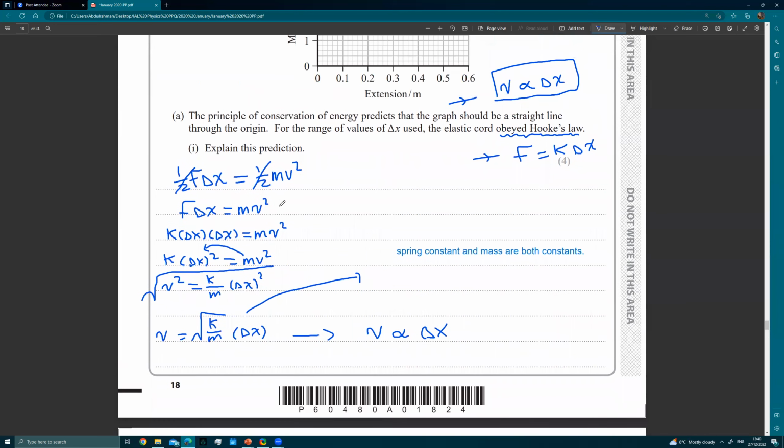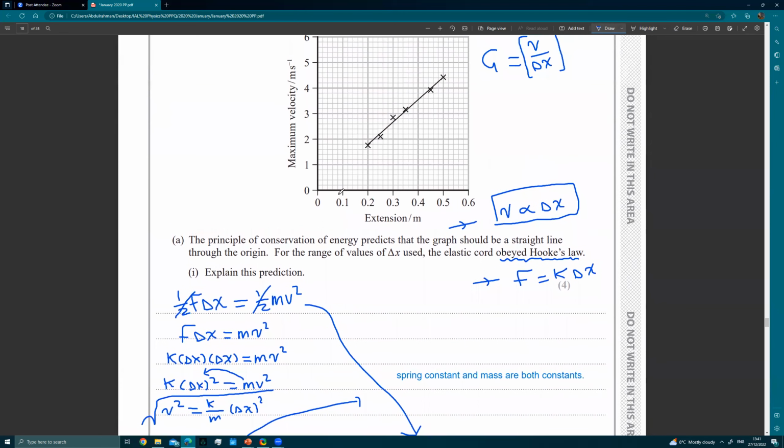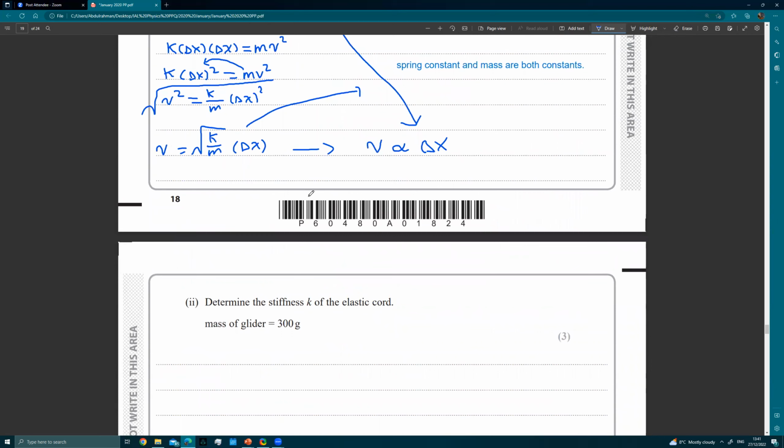So we've used the conservation of energy to prove that it should be a straight line, i.e. the velocity is proportional to extension. Every time it says straight line on a graph, it just means the two variables plotted are proportional to each other.